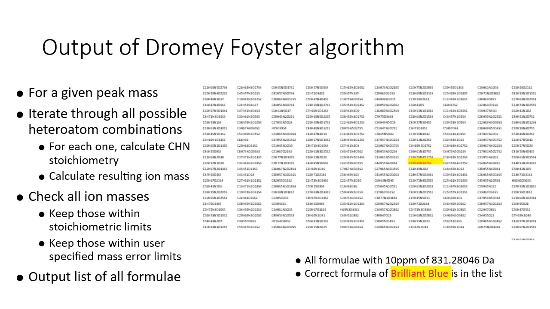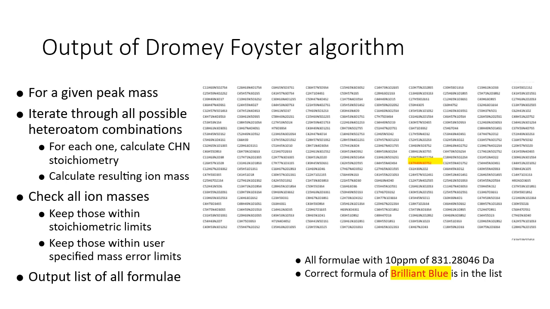But up to this point, we've only walked through the correct iteration that you'd find as one of the possible results in the Dromey Foyster algorithm. So now let's look at the output you'd actually get for our imaginary brilliant blue peak in a mass spectrum, but this time with a small mass error included. Now for this peak, as for every other peak in the mass spectrum, we'd iterate through all possible heteroatom combinations, and then for each one calculate the corresponding carbon, hydrogen and nitrogen stoichiometries.